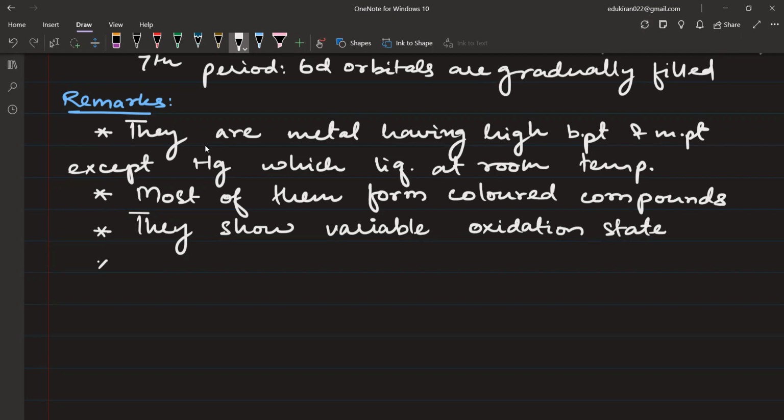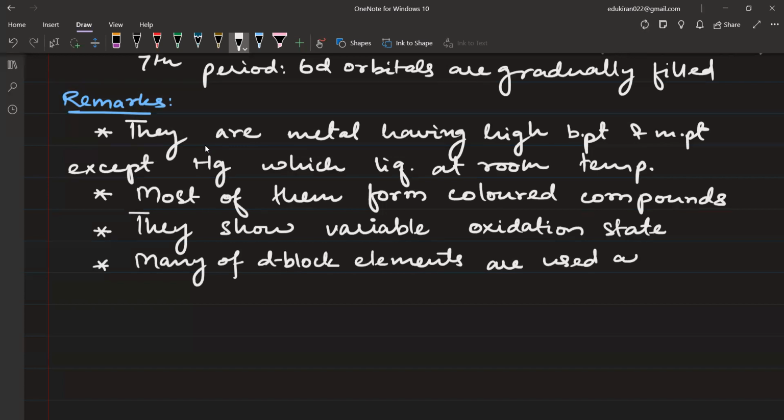Okay. You write last point. Many of the d block elements are used as catalyst.